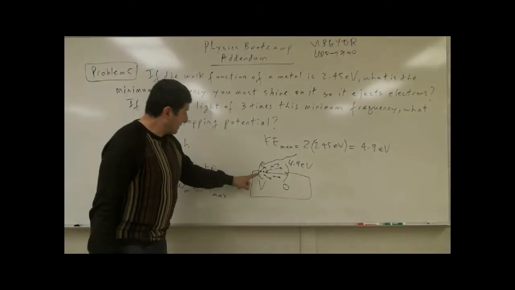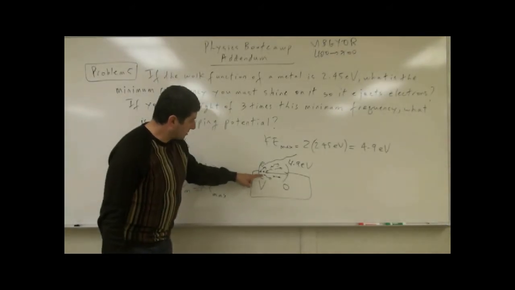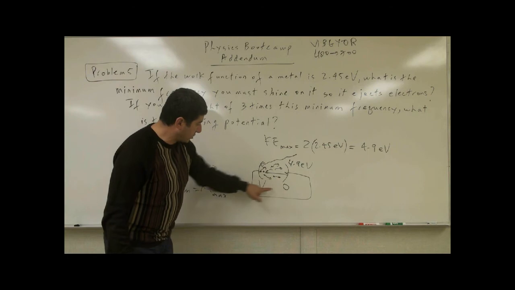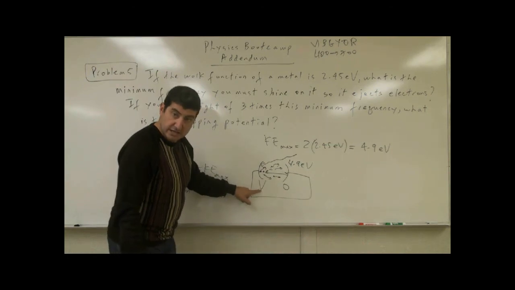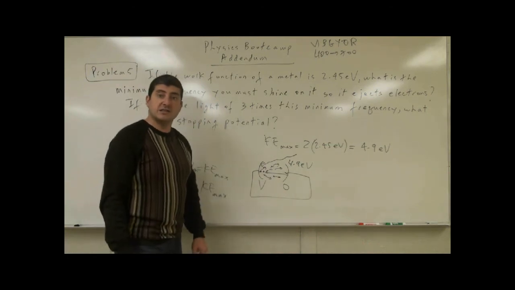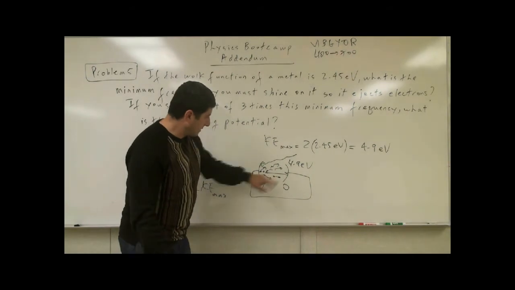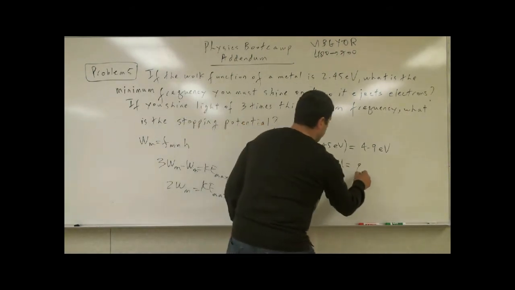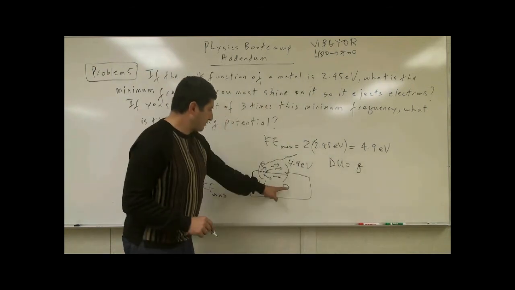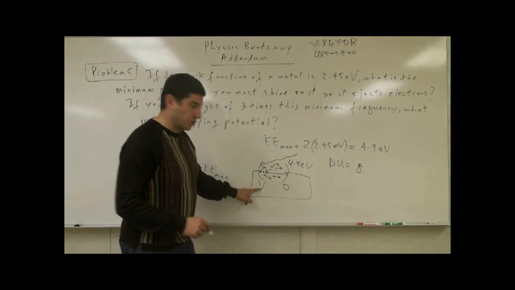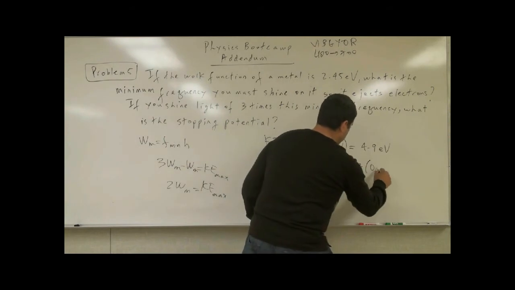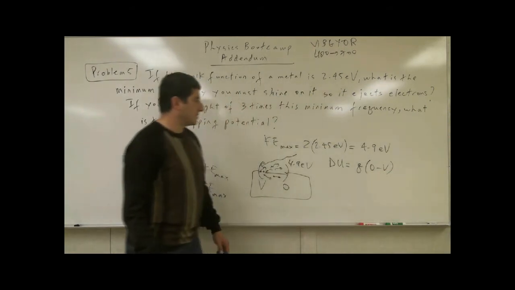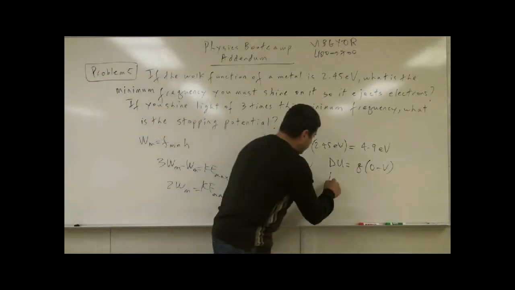So if the electron goes from higher to lower potential and the voltage is equal to V, how much potential energy does it gain? Well, the energy delta U is equal to the charge of the electron times the final potential minus the initial potential: 0 minus V, right? So what is that going to equal?